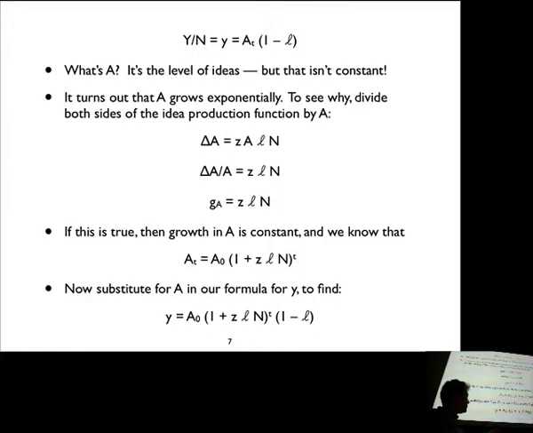And what we get is output per person, so in words, output per person equals the initial stock of ideas times 1 plus the growth rate of ideas to the tth power times 1 minus the scientist share, L bar.